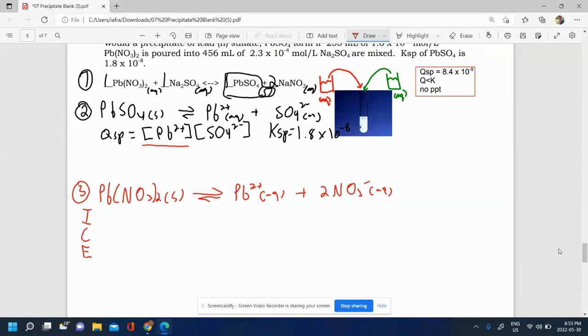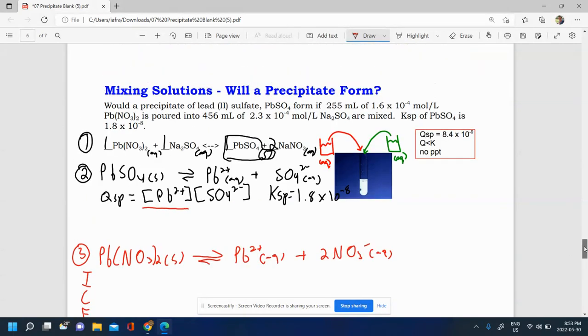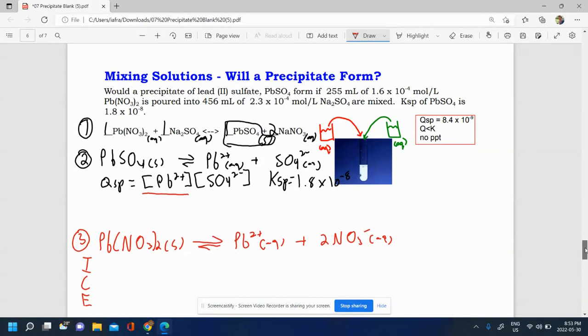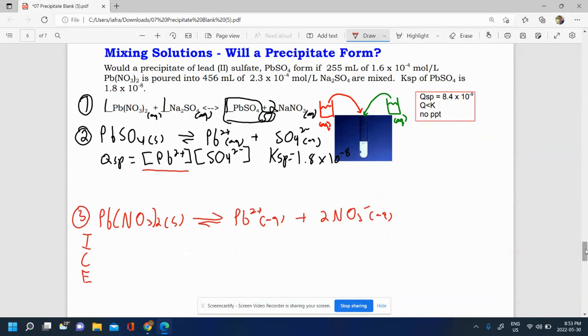The concentration of the lead nitrate in the initial solution was 1.6 times 10 to the negative 4. We know we had 0 of the ions before dissolving. After dissolving, we're going to have plus x, plus 2x. We don't really care about the 2x because, again, it's a nitrate and it's not in our precipitate. This would be minus x over here, and this would be 0 because all of it was dissolved.